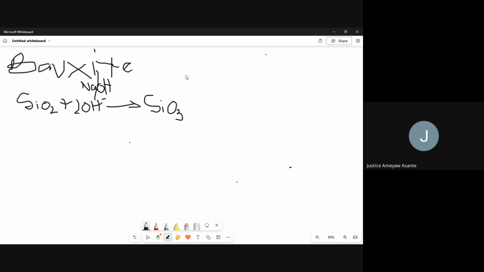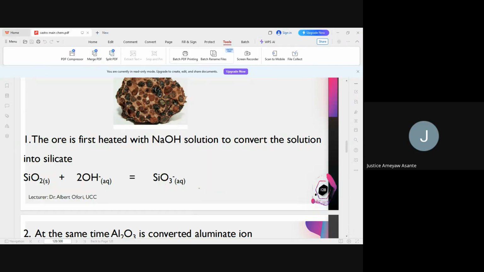So when you come to the original material, this is what I just illustrated. So we have our silica, and we are dissolving it with sodium hydroxide.